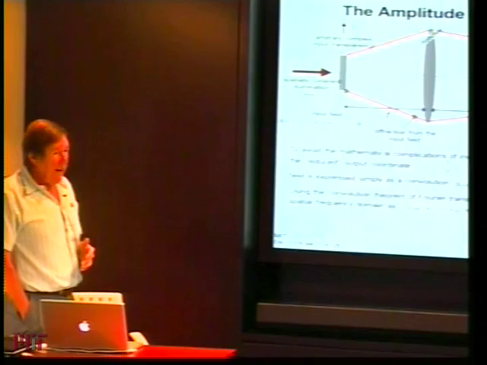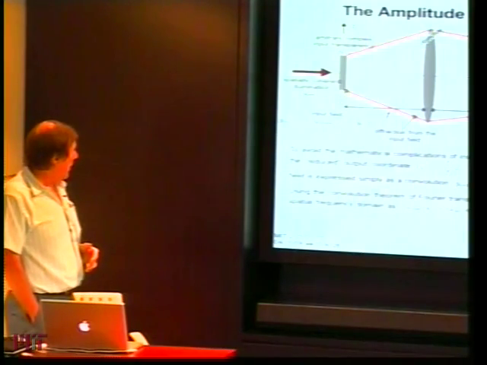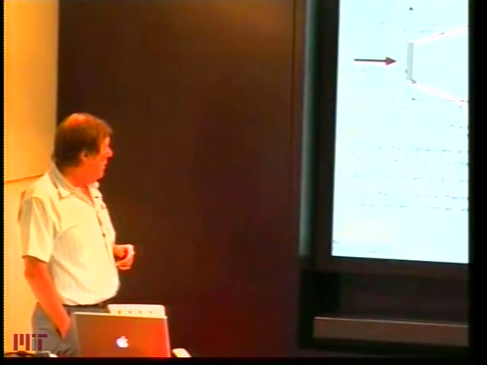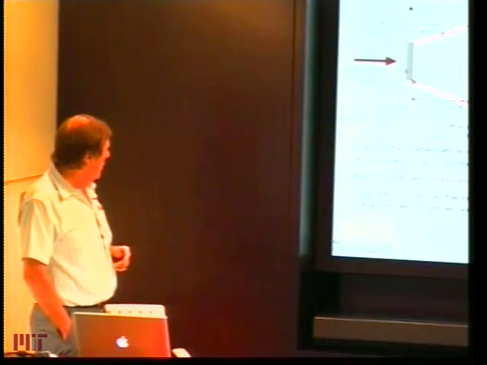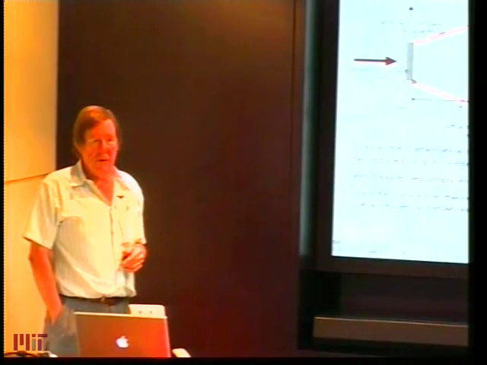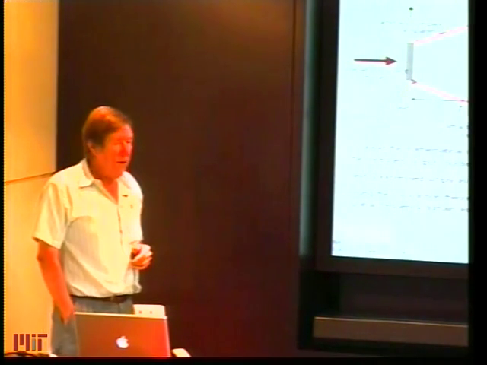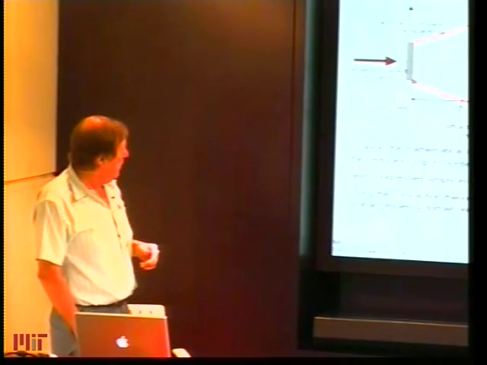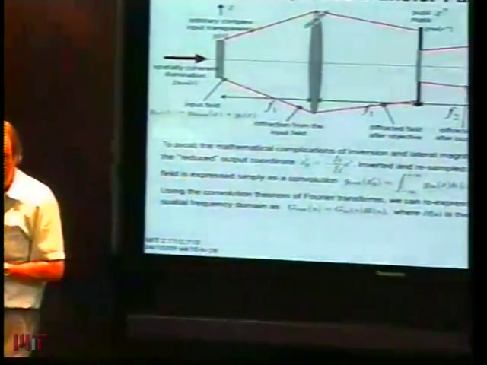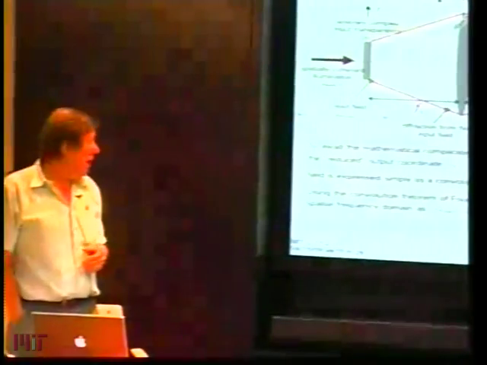Because of this scaling, and also the inversion, we sometimes express things in terms of a reduced optical output coordinate. So we think of the output coordinate as being measured to get rid of the sign, and also scaled to get rid of the scaling factor.